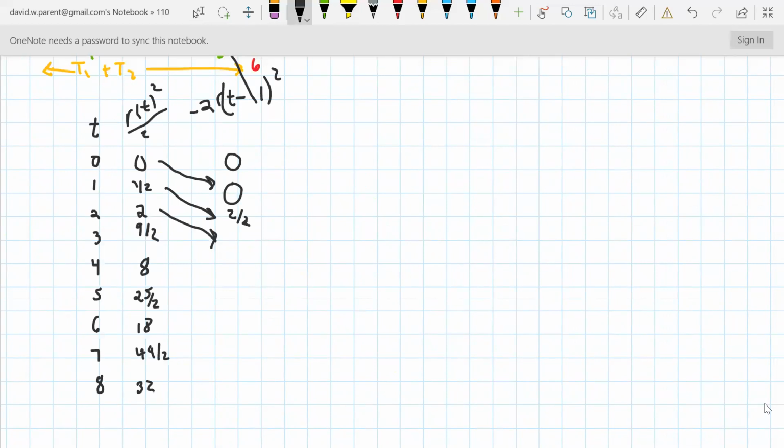Oh, wait, multiply by 2. Sorry. Yeah, this is right. 2 divided by 2, right? This would just become 9. And, wait, no, 2.